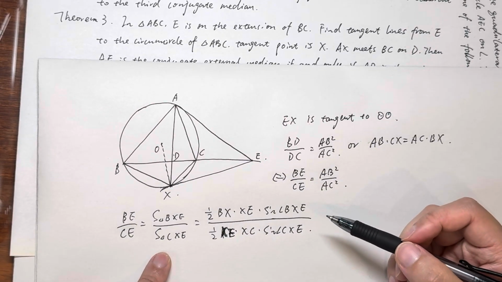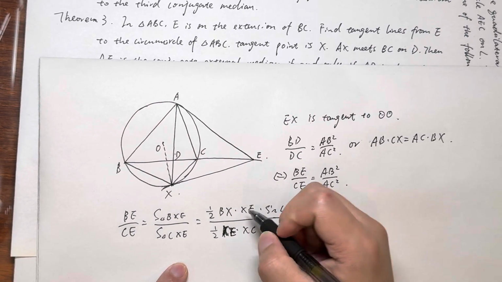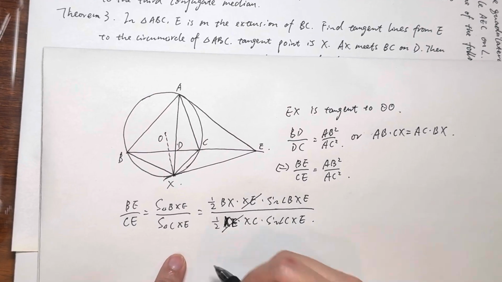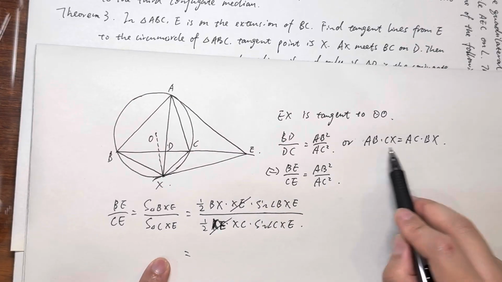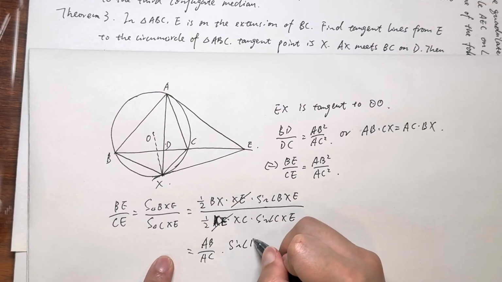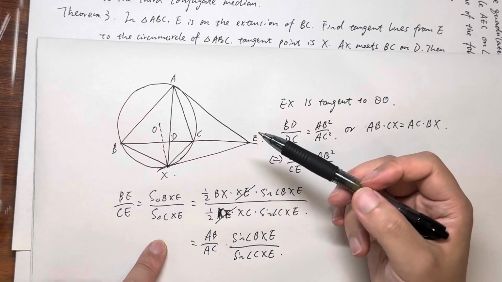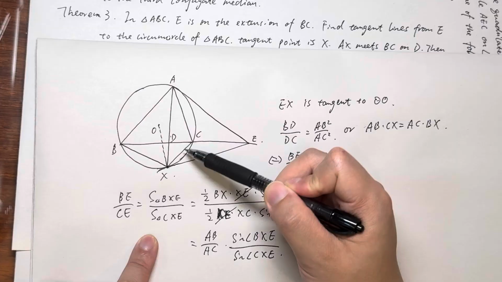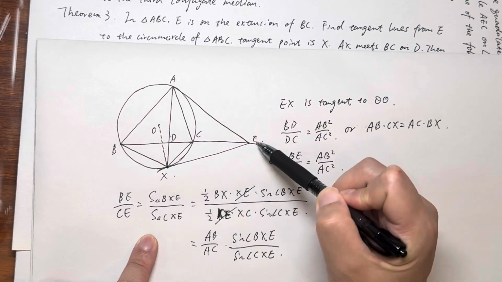Okay. So what is BX? We know that XC cancels. So what is BX to XC? BX to XC can be rewritten as AB to AC, right? Times the sine angle BXE to sine angle CXE. And the angle CXE equals angle CBX, because EX is a tangent line.